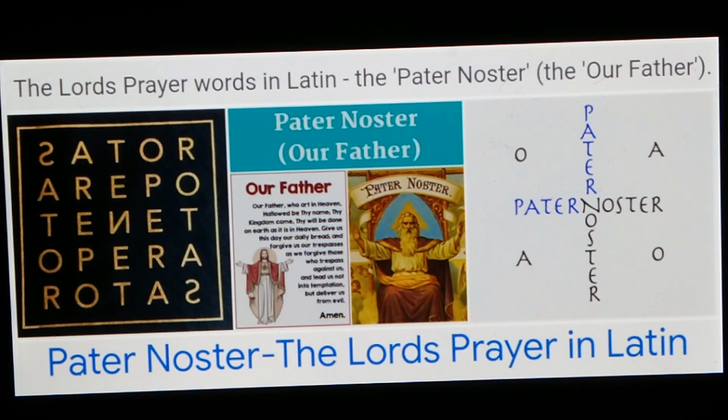Look off to the right, you can see what looks like a cross and the words Pater Noster going up and down, and then Pater Noster across. They meet at the letter N. And then there's leftover A O, A O.